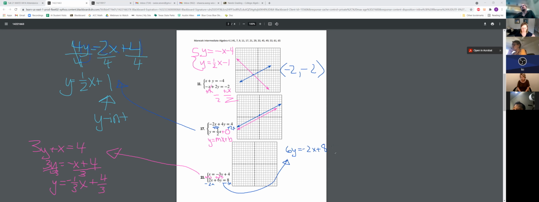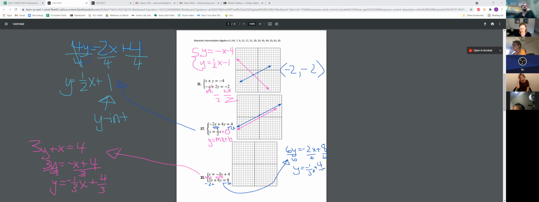And then to get rid of the 6, you divide by 6. And then we reduce, so it's negative 1/3 x plus 4 over 3.